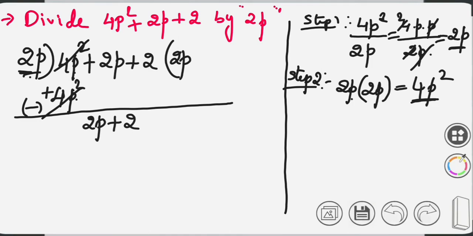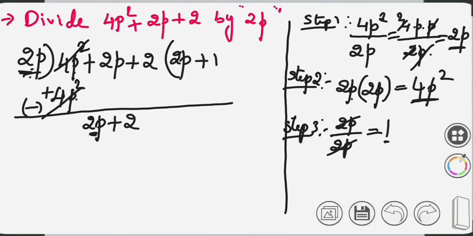And same process: now this becomes the dividend and this is the divisor. For this dividend 2p, do the same process. That means step 3. What is the first term here? 2p by 2p. 2p by 2p means you cancel this, you will get 1. This is the next term of the quotient. Okay, 1.